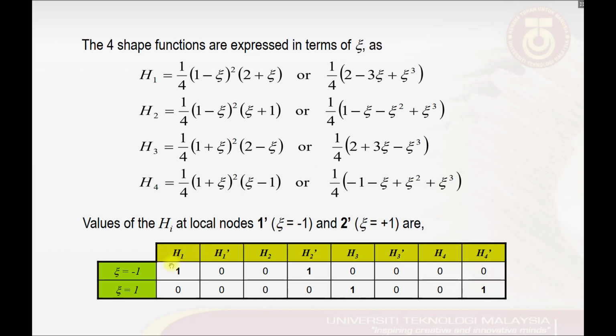For example, h1 refers to the translation, and h1 prime refers to the rotation or slope, for the element that we consider, where we take z equal to -1 and z equal to 1.